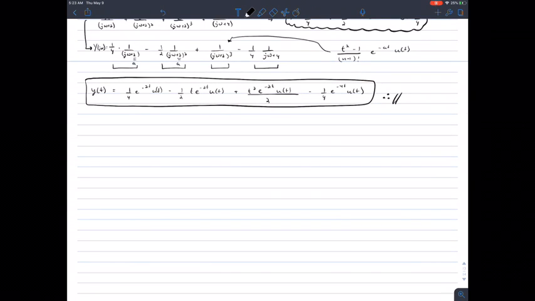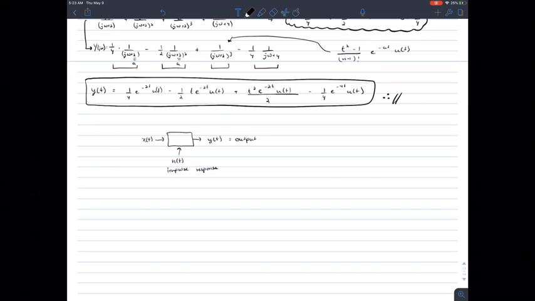Response of the system is, I'm going to draw it out so you can have some type of picture. Okay, so you have h of t here, you have x of t coming in here, and your output is going to be y of t, okay? So this is equal to output, and this is the impulse response.